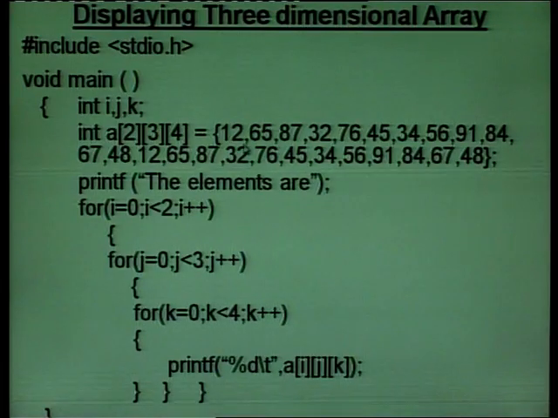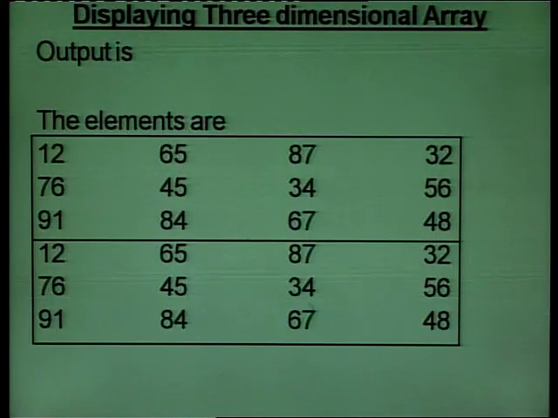Here 12 is the first element and 48 is the last element of the array. After that I print these elements on the screen by using 3 different for loops. The first one is for i, that is for the set, the second one is for j, that is for the row, and the third one is k, that is for the column. After that I print these values by using i, j, k. This gives the various elements of the array.